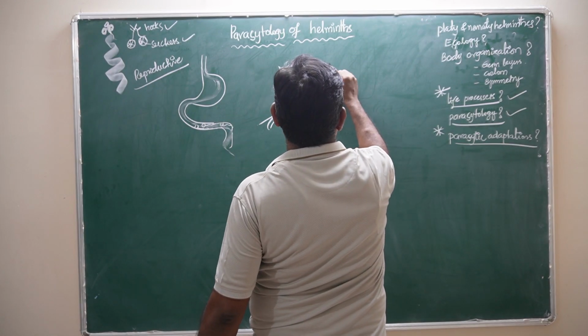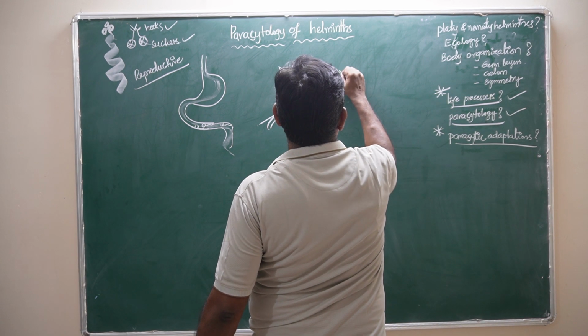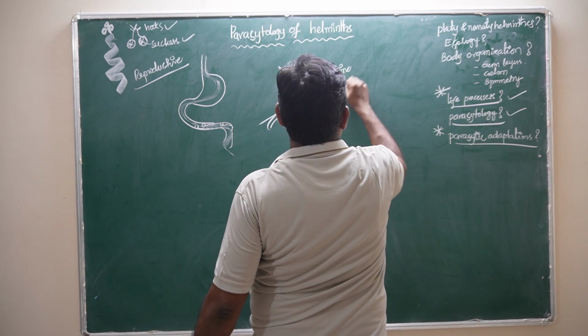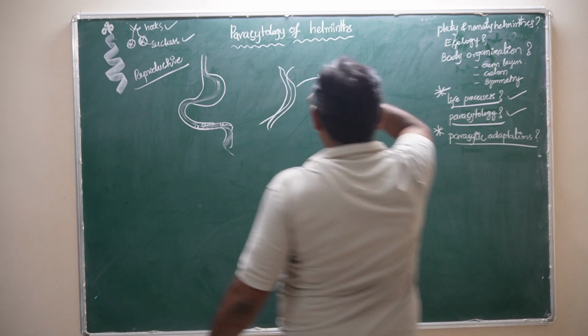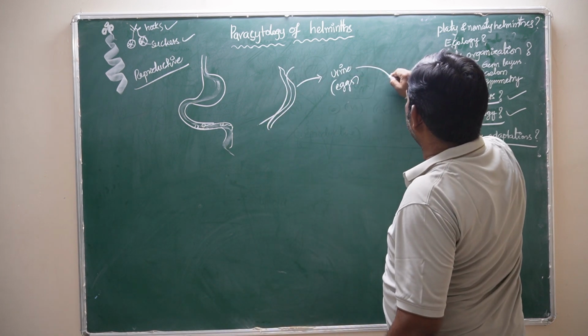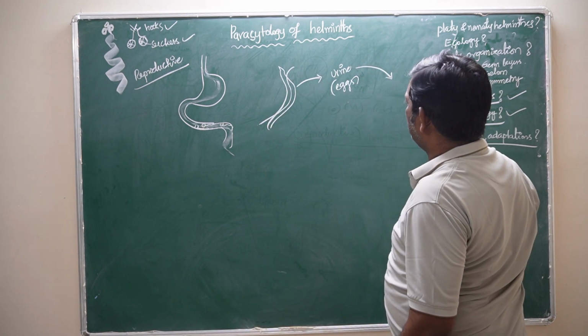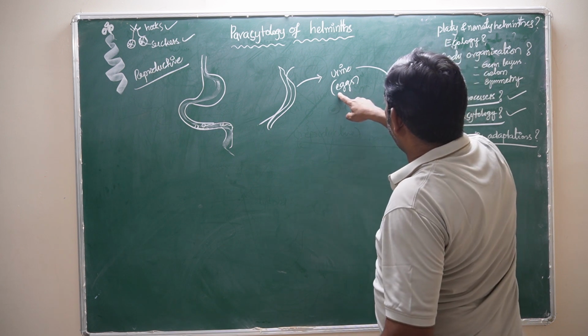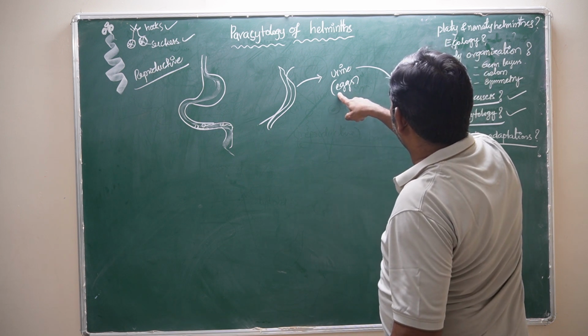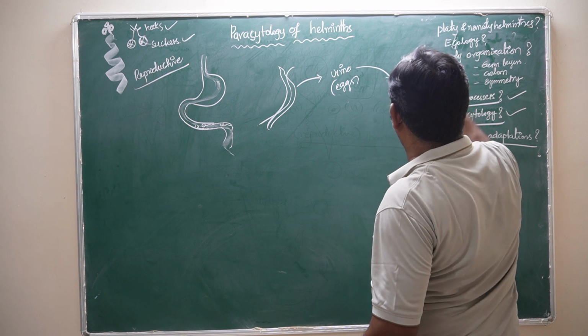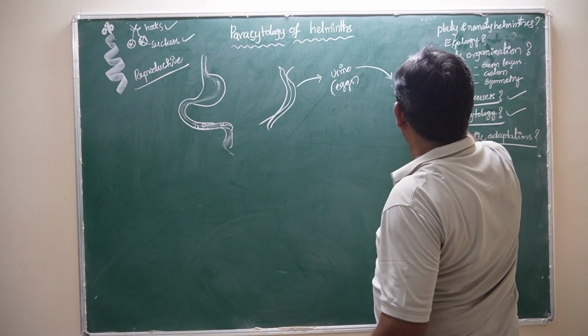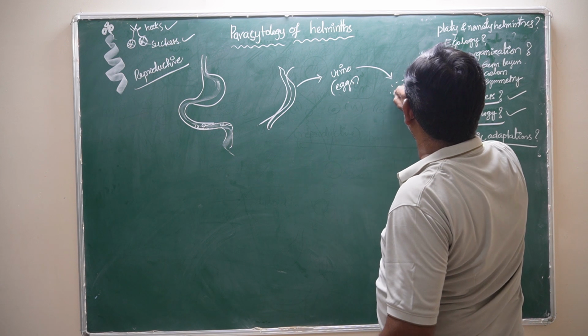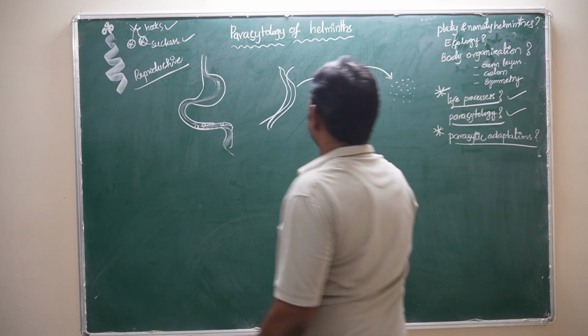Then the eggs are released in the urine of the human. While this human excretes urine in the open areas, the eggs may lie on the ground.